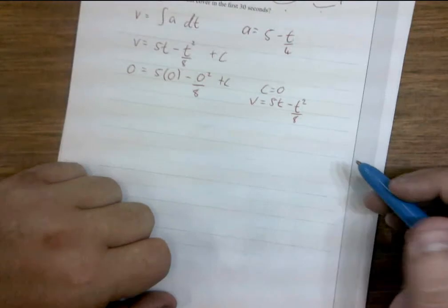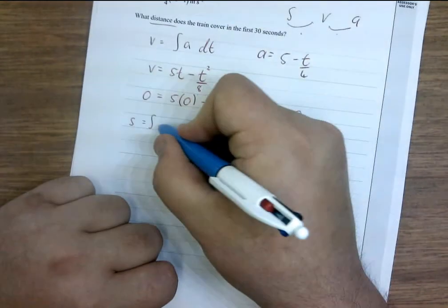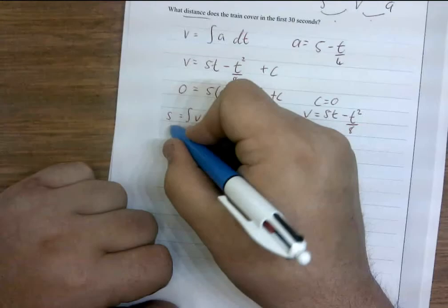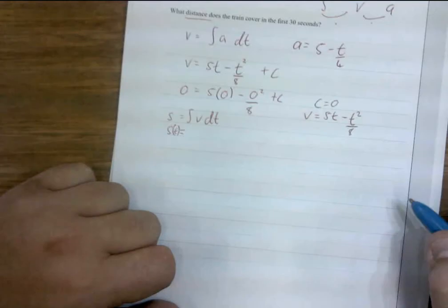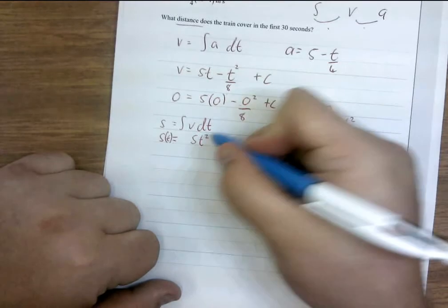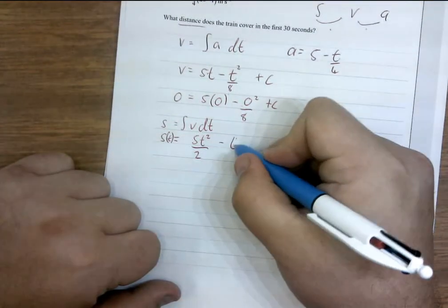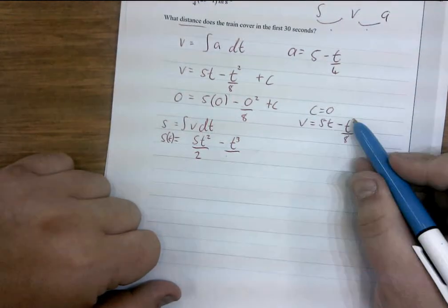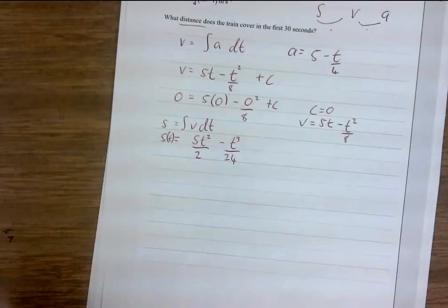So we can integrate v now. Distance is equal to integrating v over time. So our function s of t is equal to 5t squared divided by the new power, minus t to the power of 3 divided by the new power 3 times 8, 24.